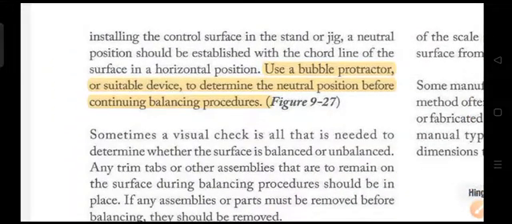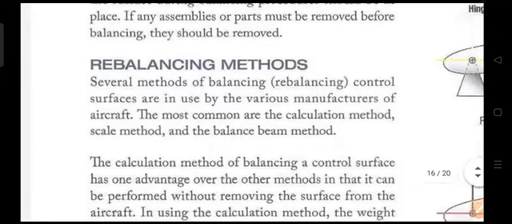Use a bubble protector or suitable device to determine the neutral position before continuing the balancing procedure. So use a bubble protector, okay, to actually see what angles you should keep it at, what the neutral positions are, and then finally, if that is done, then we can say that the balancing procedure can be continued.